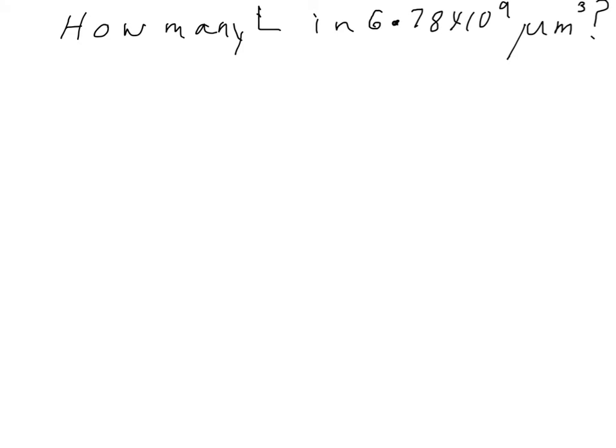Up a notch. How many liters in 6.78 times 10 to the 9th cubic micrometers? Well, we definitely don't have any relationship between micrometers and liters that we're aware of. We do, however, know the relationship between cubic micrometers and cubic meters.